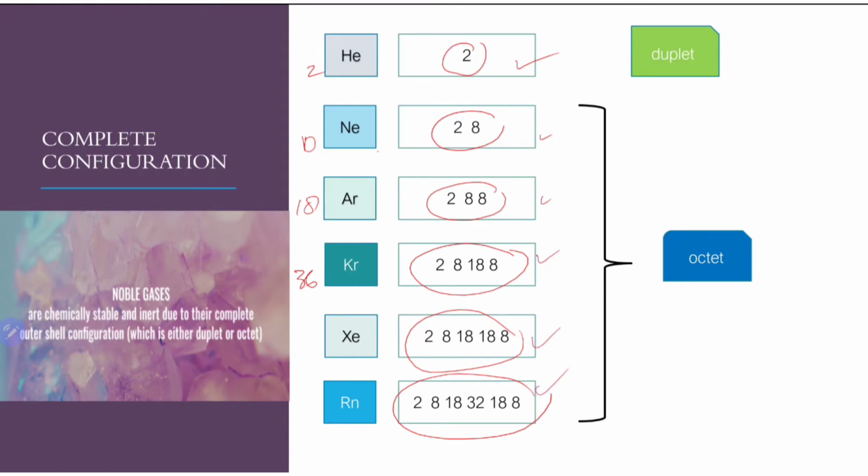So atoms will combine chemically with other atoms to reach the duplet, or 2 electrons in the outer shell, and this law we call the duplet rule. And when they reach 8 valence electrons, just like noble gases from neon to radon, then the law is the octet rule.